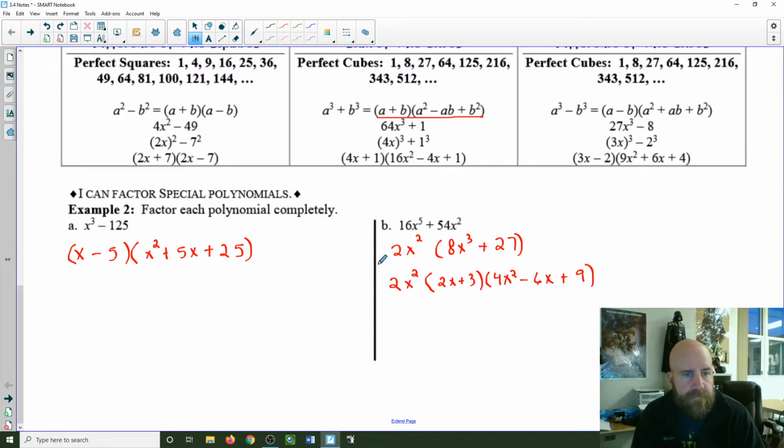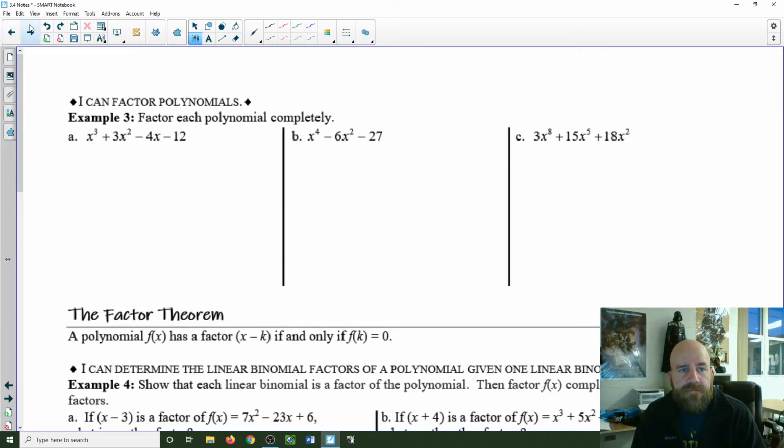Okay, so moving on. Example 3, we have 4 terms. Up in the directions it says if you have 4 terms, try to factor by grouping. This is a skill you should have learned in Algebra 1. If not, I'll walk through it. We take our first 2 terms and look for a greatest common factor, which is x squared.